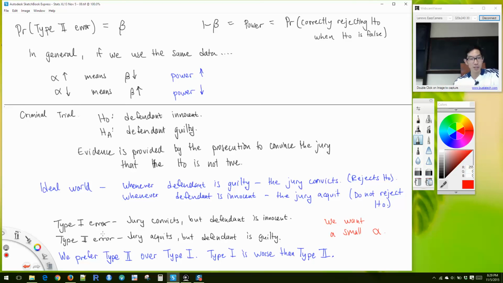A lot of times we see high-profile cases on TV, and being armchair detectives, we feel like, for sure this person is guilty, and then the jury comes to a not guilty verdict, and you're like, justice has not been served. But that's just how our legal system is set up. I think we've recognized that type 1 error would be the worst error here. So in this situation, we want a small alpha.